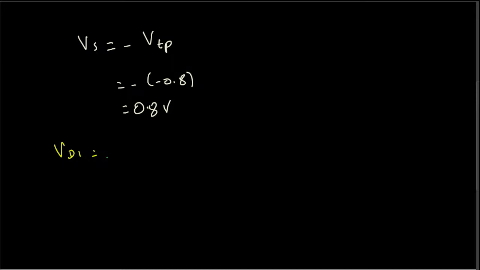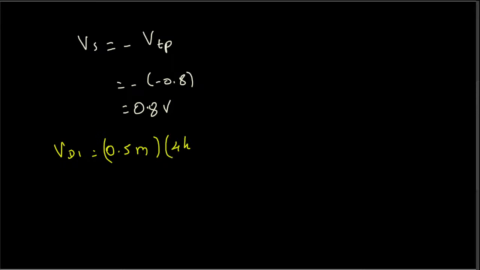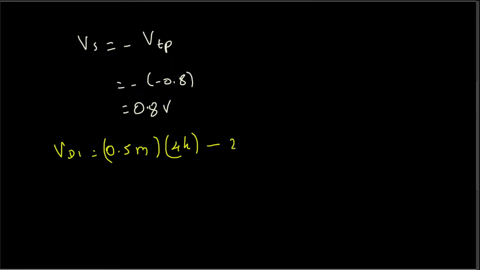V is equal to I times R. So that is 0.5 milli times the resistance right there, that is 4 kilo ohm, minus this voltage right here, that is 2.5. It's basically VD1 minus this should be equal to this, but you can rearrange and write it like this as well. And 0.5 milli and kilo cancel each other, and then 0.5 times 4 is equal to 2, and 2 minus 2.5 gives us negative 0.5 volt.